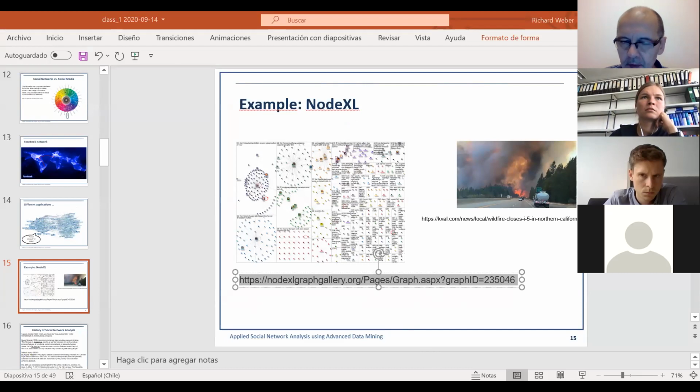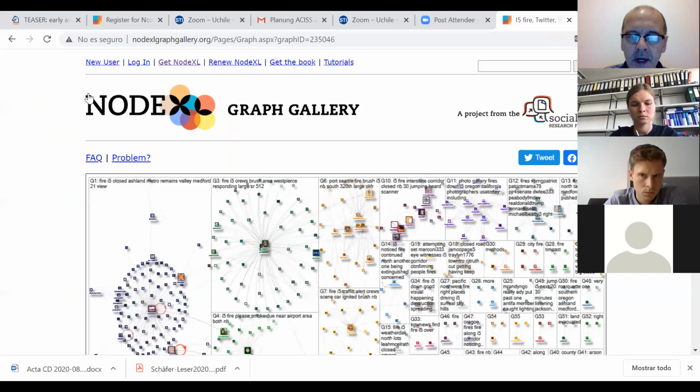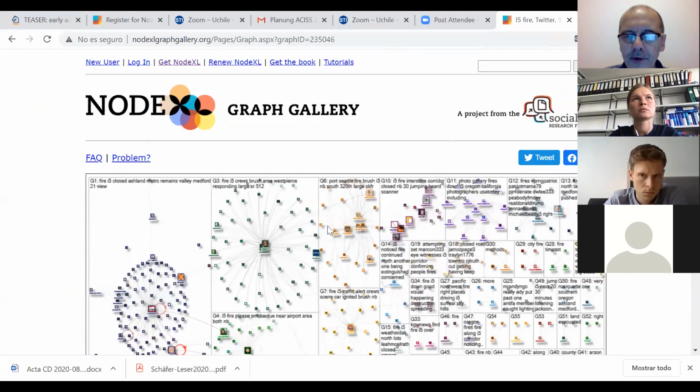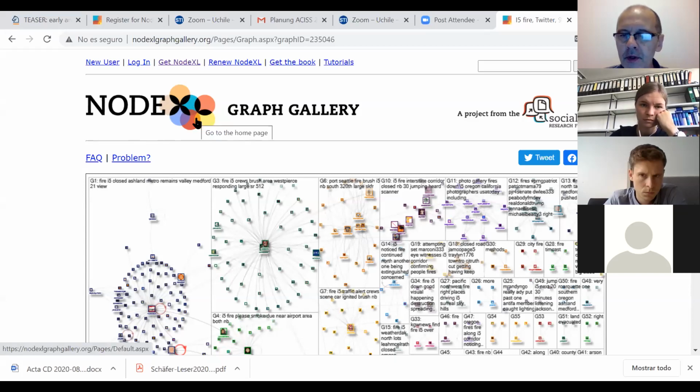Going to share the screen. So now I guess you can see my screen, NodeXL Graph Gallery. The website is an interactive website where you can upload your own social network and analyze it this way.